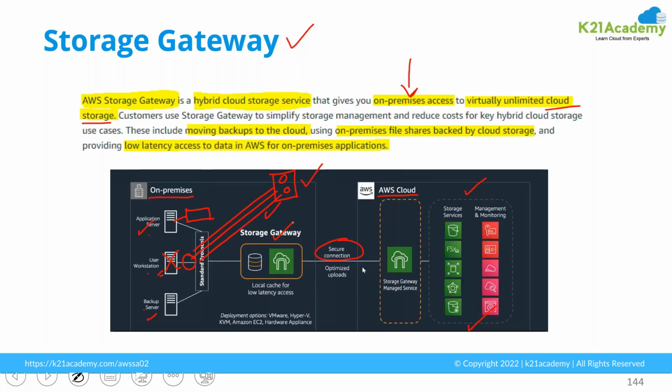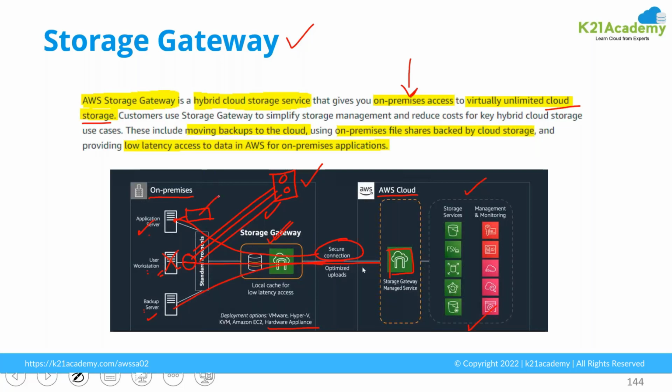Amazon gives you two options, whether it can be into a hardware appliance. So there will be a box which will be shipped. That box will be installed in your data center, which will create a secure connection between the on-premise and the cloud data center. And then based on your requirement, you can create a storage gateway and can sync these storages to the cloud storages.